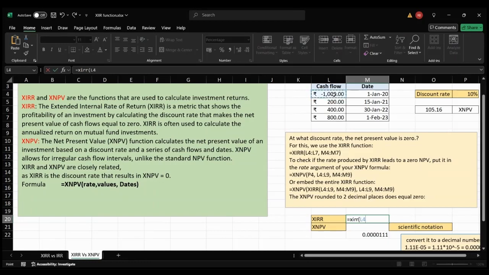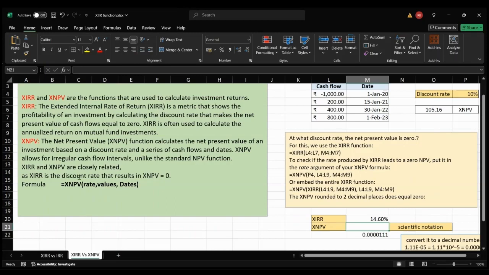You have to select the range of values, which is the range of cash flow, and dates. So here we got 14.60%. Now to check if the rate produced by this leads to 0 NPV, we have to put this, that is XIRR, in the rate argument of the XNPV formula.